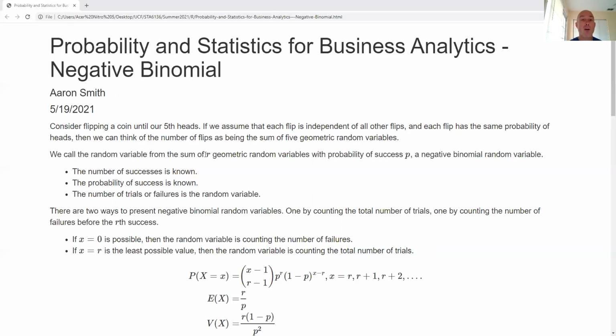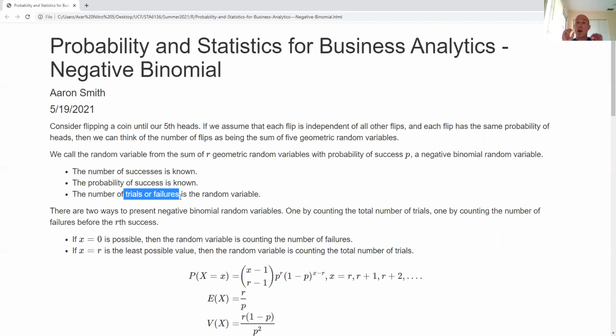We're going to just say R, and R is going to be a parameter value. This is the number of successes. P is going to be the probability of success on one particular flip. So in this situation, the number of successes is known because there's R of them. The probability of success is known. The number of trials or failures, depending on how you look at it, is a random variable.